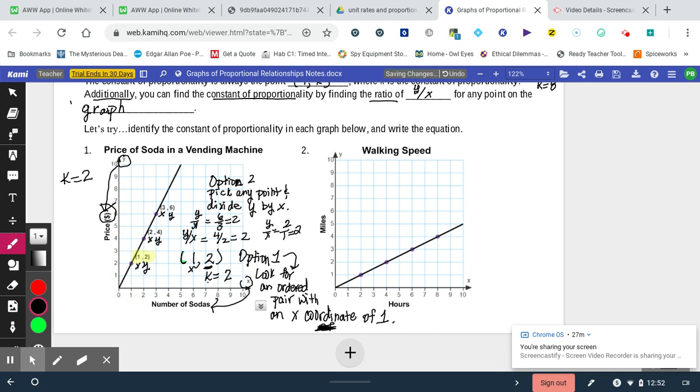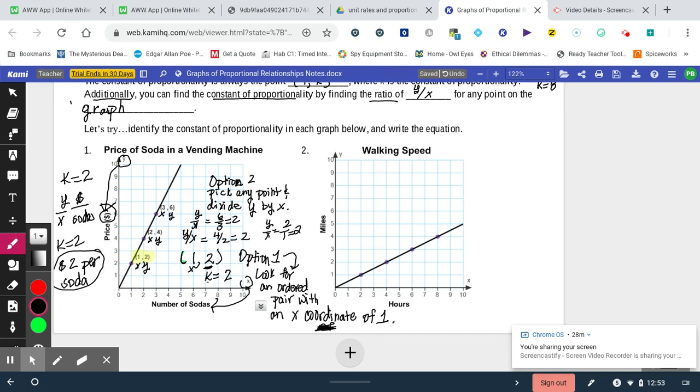So if I got k by dividing y by x, y is your money and x is your number of sodas. So k of 2 is just $2 per soda. That's all that means. That's your constant of proportionality.